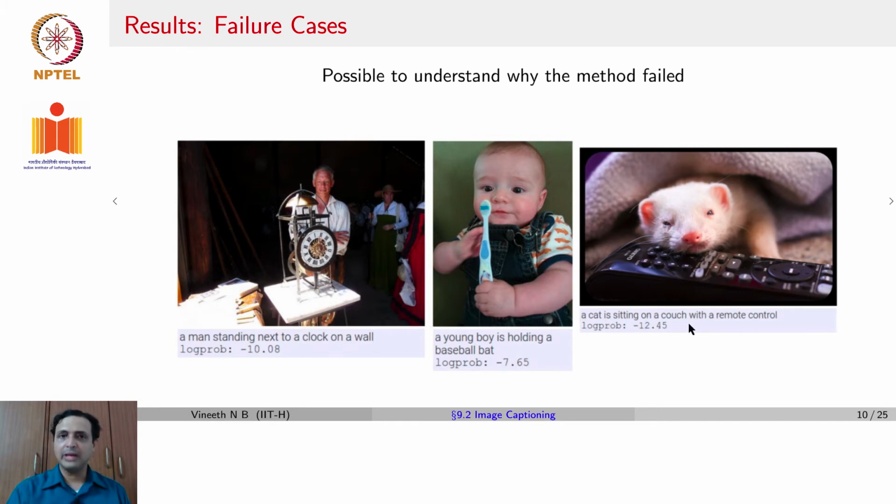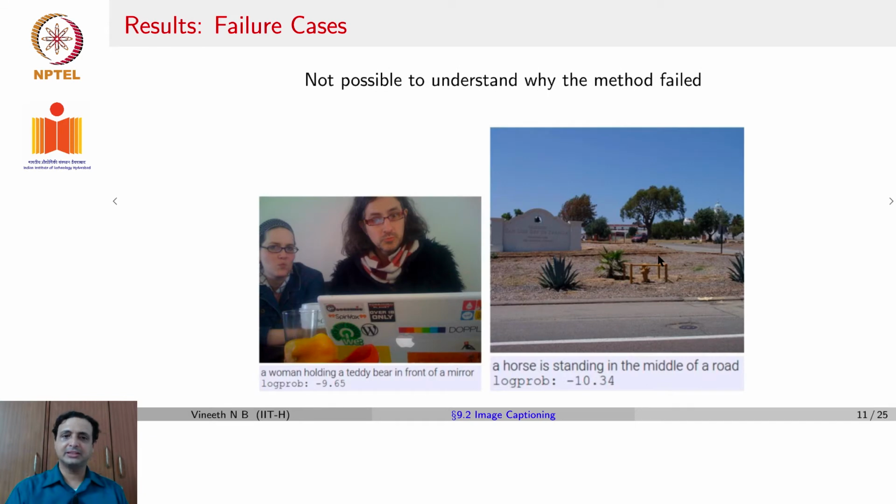All of these are wrong captions, but one can possibly understand why the method failed. It was reasonably close to the output, but was perhaps misled by a few elements and the interactions between the elements in the images. There are also other failure cases which are more blatant.